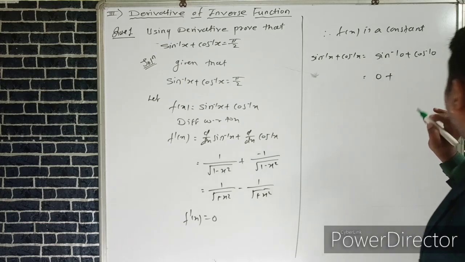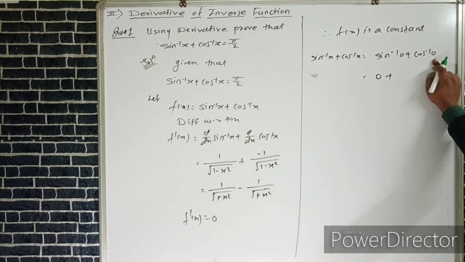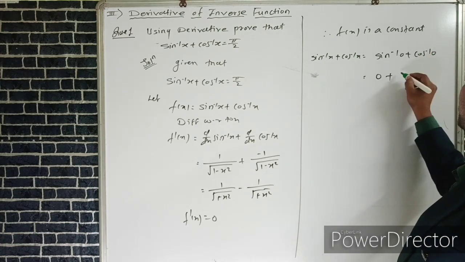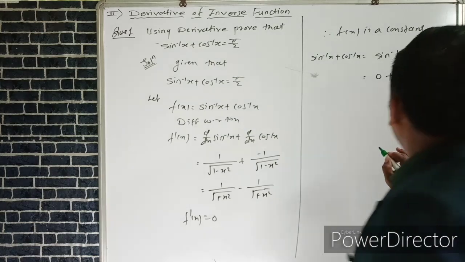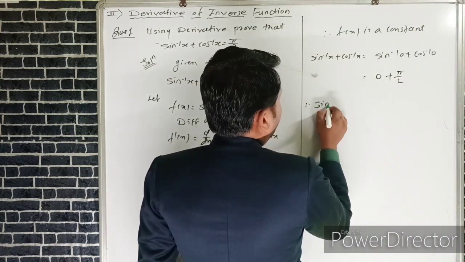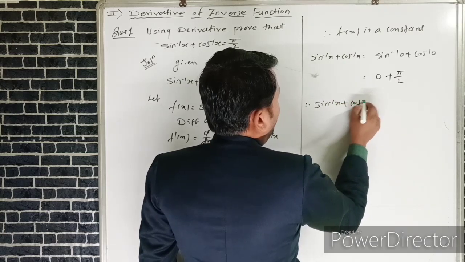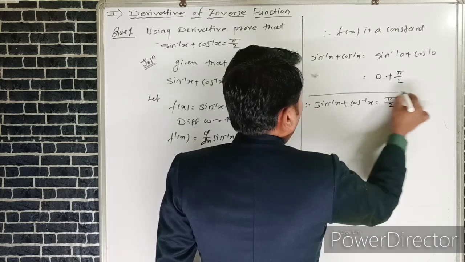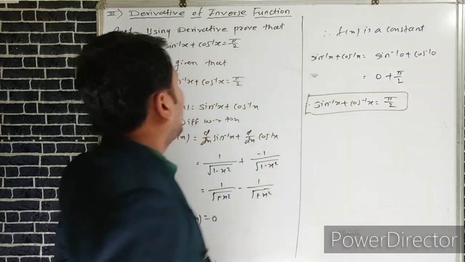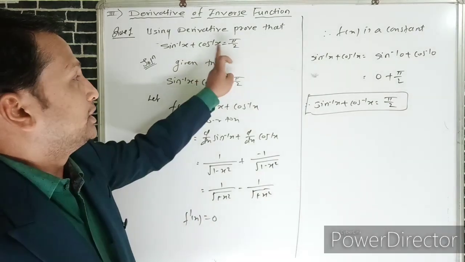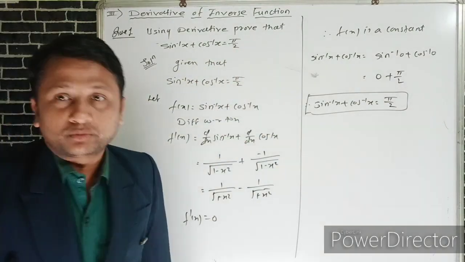Plus cos inverse 0, the angle whose cos is 0 is pi by 2, hence cos inverse 0 is pi by 2. After that, 0 plus pi by 2 is equal to pi by 2. Therefore sin inverse x plus cos inverse x is equal to 0 plus pi by 2, which is pi by 2. Hence proved, which is the required proof of sin inverse x plus cos inverse x is equal to pi by 2.